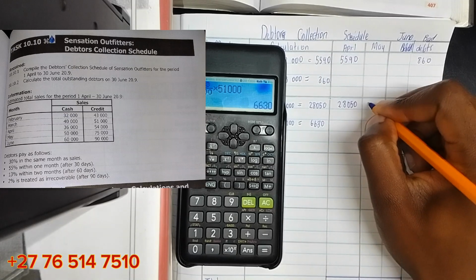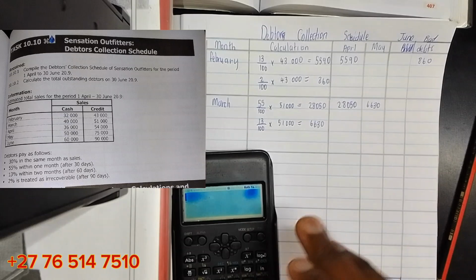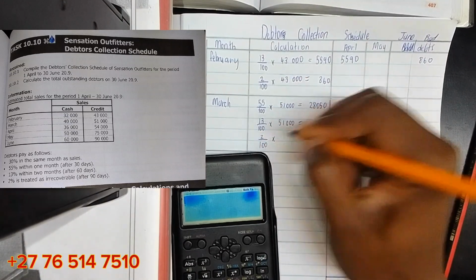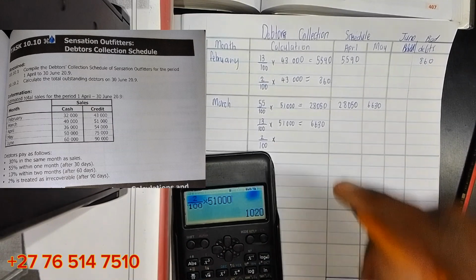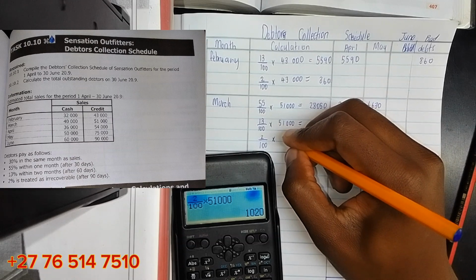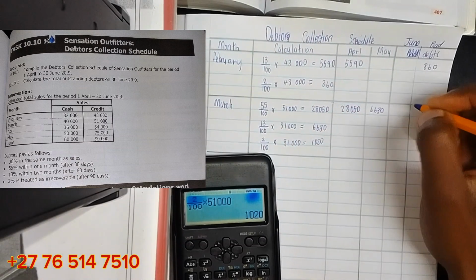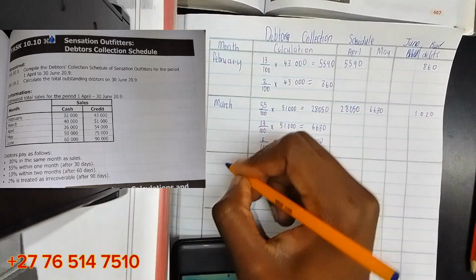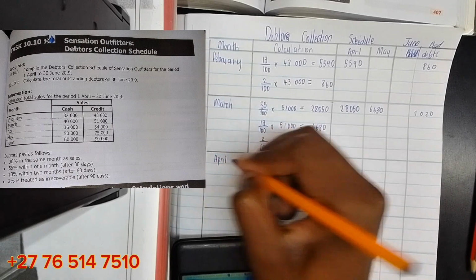This is where we'll record the 6,630. Then we calculate the 2%: 2 over 100 times the 51,000 is 1,020. This is where we'll record the 1,020 because it's bad debts. So now let's move on to April.